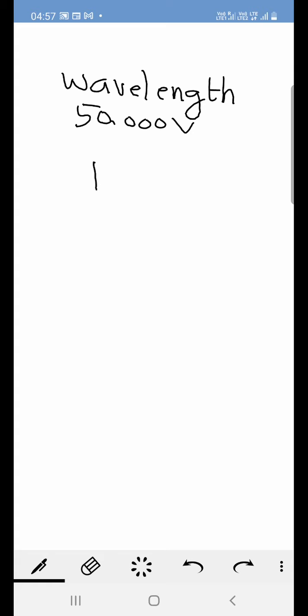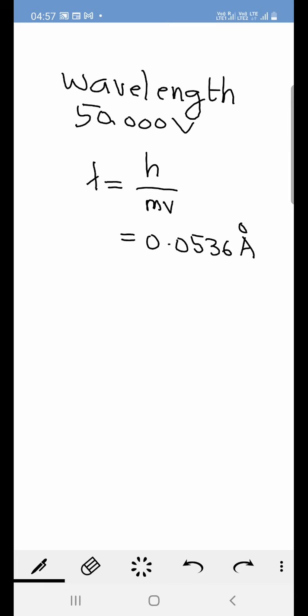So lambda is equal to h by mv, and that comes around equal to 0.0536 angstrom, and this value is about 1/10 of that of an X-ray.